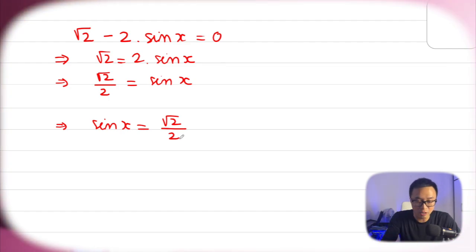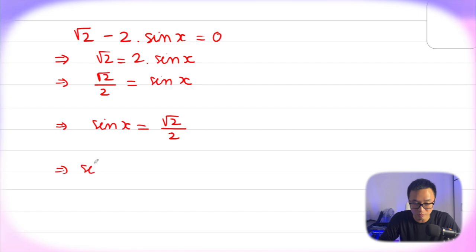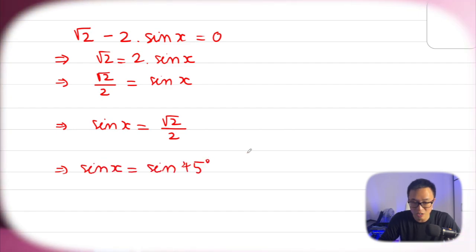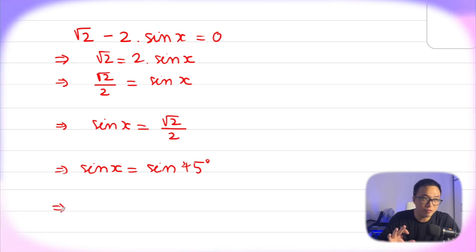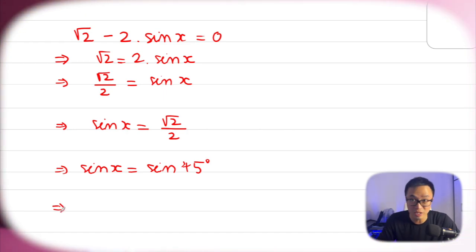Using my calculator, you press sine, square root of 2, then divide by 2, and you get 45 as the answer. So the right hand side is the sine of 45.